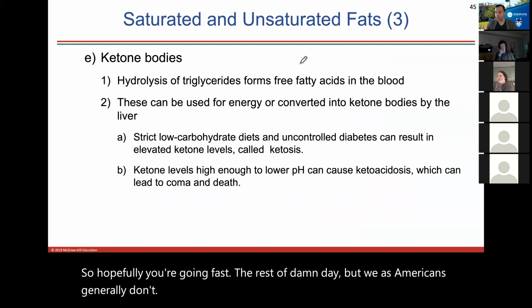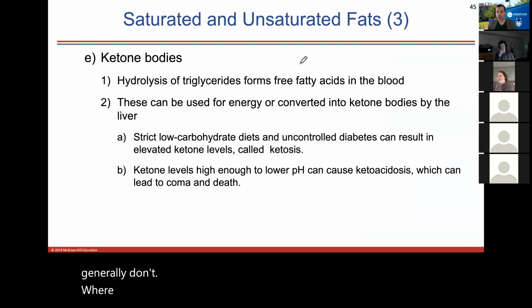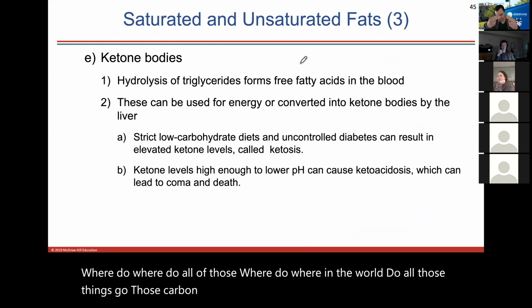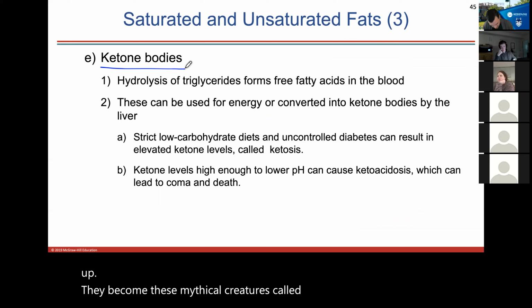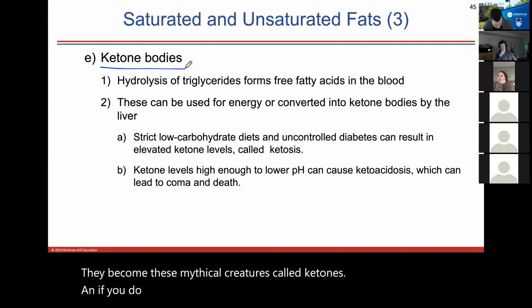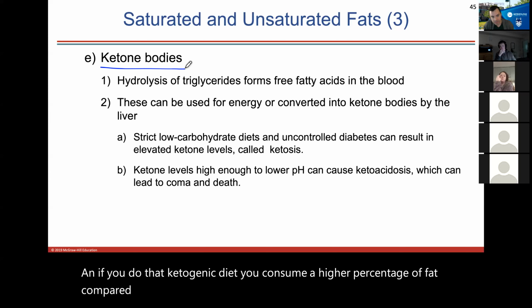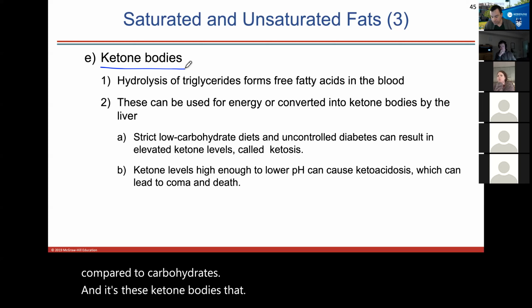Okay, where in the world do all of those things go? Those carbon molecules that I just talked about being cut up? They become these mythical creatures called ketones. If you do that ketogenic diet, you consume a higher percentage of fat compared to carbohydrates, and it's these ketone bodies that your cells will convert into usable energy.